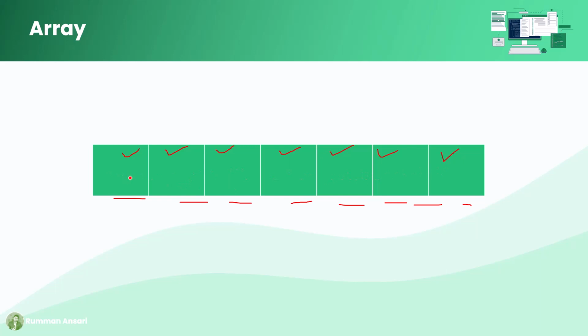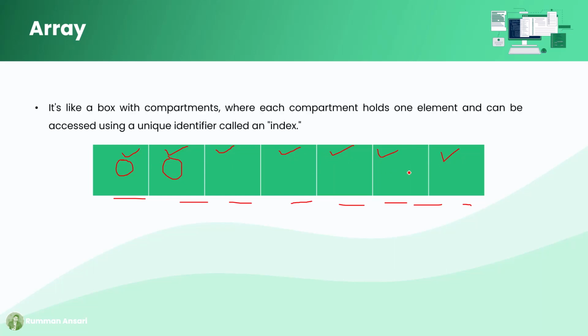If you want to store their examination scores, then also you can store all those scores inside these blocks or compartments. So easily we can say it's like a box with compartments, where each compartment holds one element and can be accessed using a unique identifier called an index.